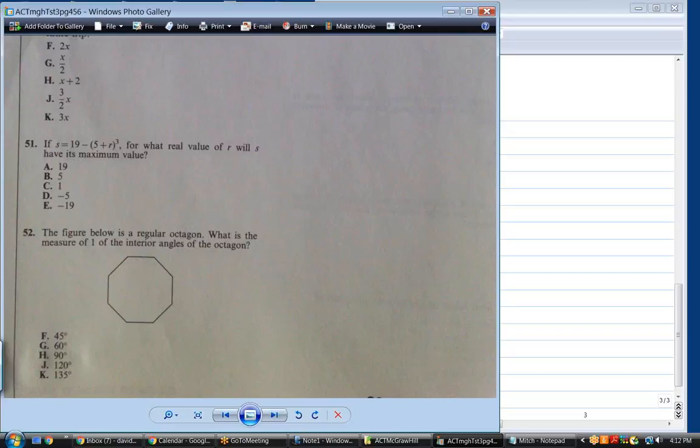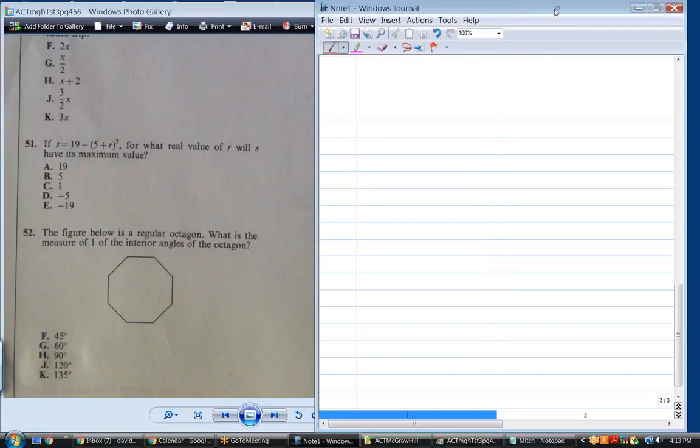Yes. So it's one of the measures of the interior angles. And they're referring to this angle here. They're not referring to a central angle. So what's the measure of the sum of the angles? What's that formula?